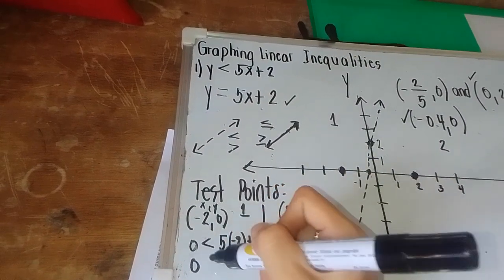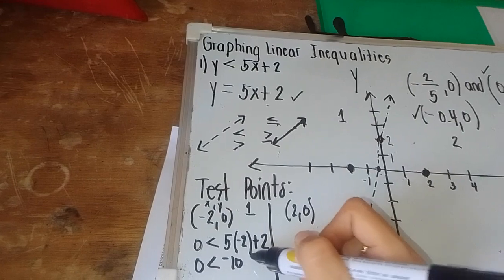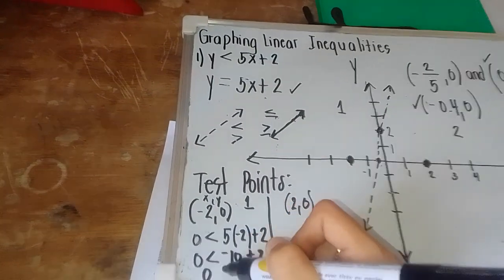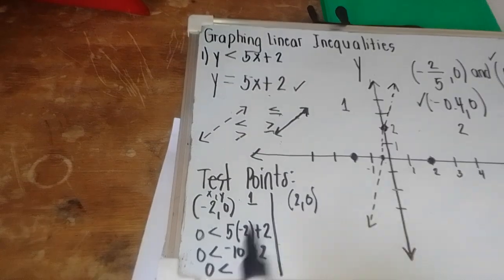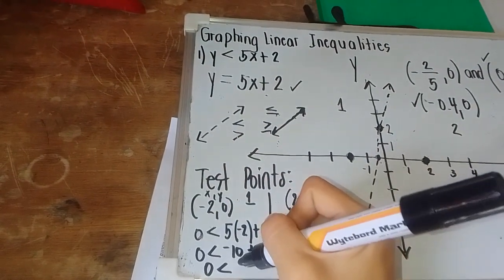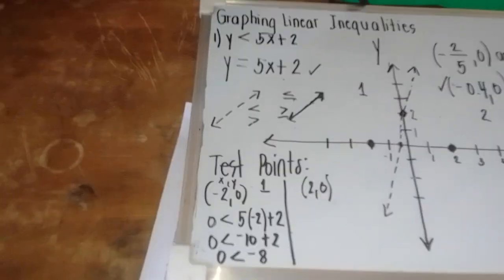Simplify: 0 less than 5 times negative 2, that is negative 10, plus 2. Combine the remaining two terms, negative 10 plus 2, that is negative 8.